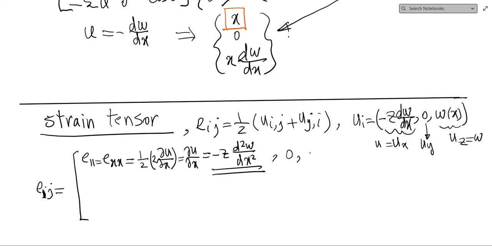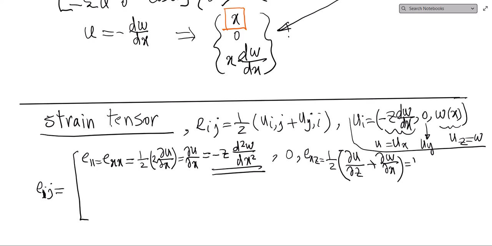And now we come to the third one. So the third one is E_xz, which is equal to 1/2 of du_x/dz plus dw/dx, which is 3 to 1.